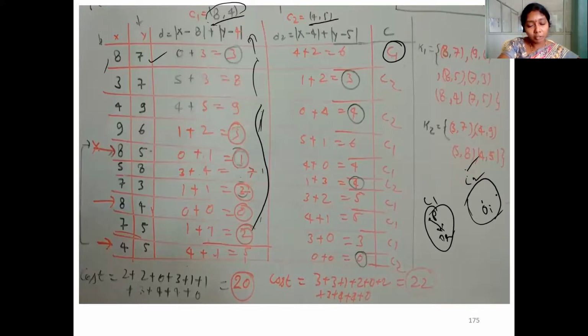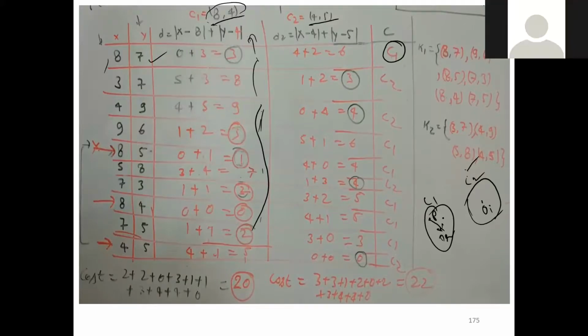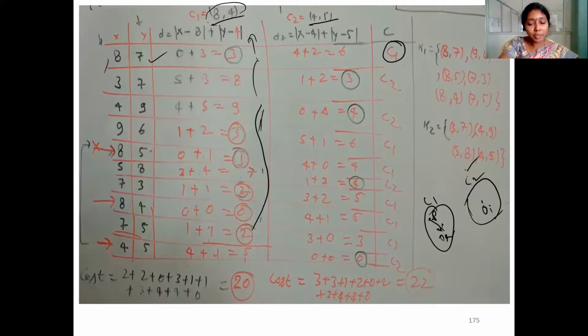So here, if P initially belongs to C1 and after reshaping the clusters it is still closer to O random than OI, then we can keep P in cluster C1 only, right? Right or not? Yes, ma'am. If at all, after reshaping, P is closest to OI, because once you reshape the clusters, the values are changed.